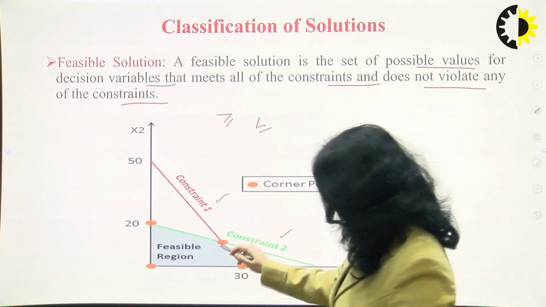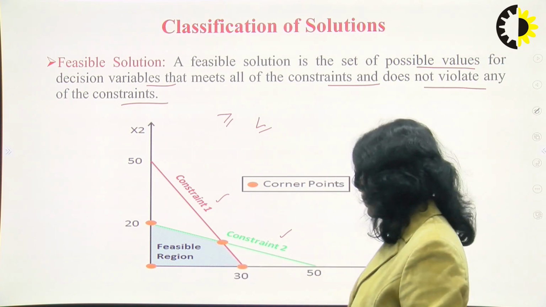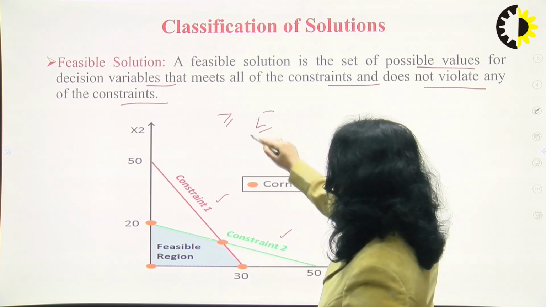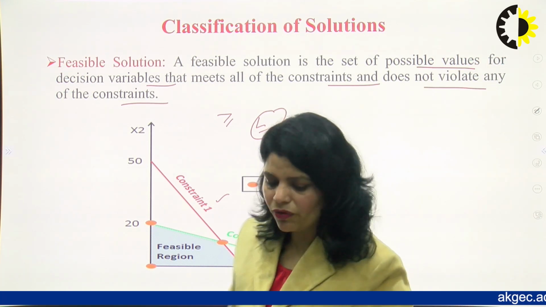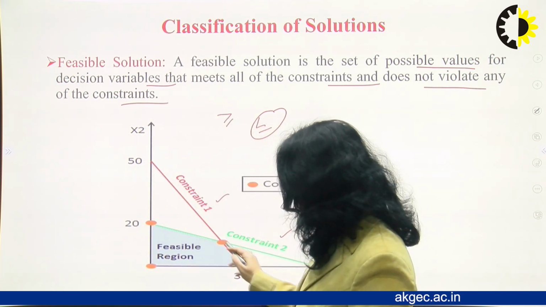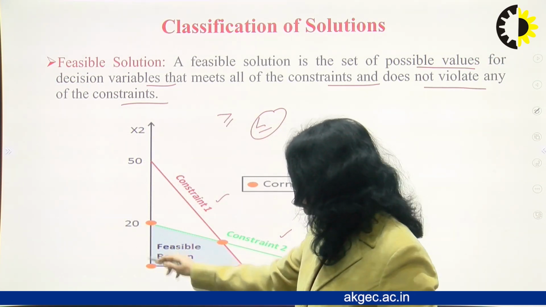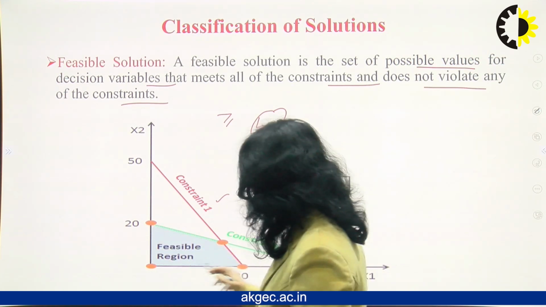We can see here that we are shading below the line. It means this symbol is associated with this. After that, we will find the common feasible region. We can see here, this is the common feasible region of constraint 1 and constraint 2. This is the feasible area.